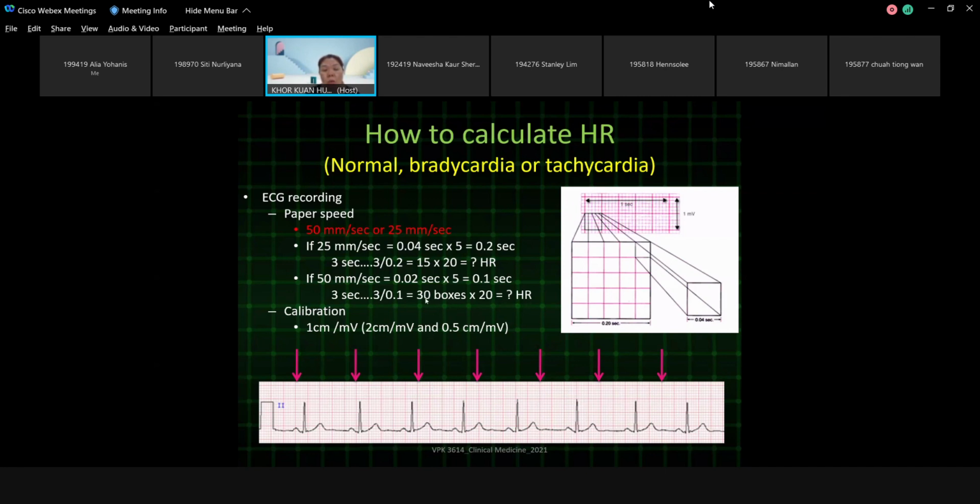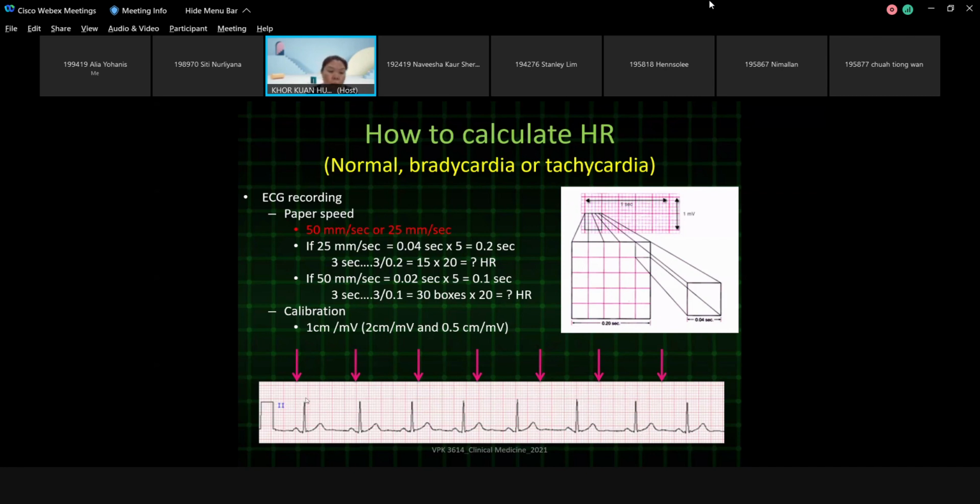Okay, so what does it mean by 30 boxes over here? So what you do is you come down over here. I've already calculated the 5 boxes for you. 30 boxes: 1, 2, 3, 4, 5, 10, 15, 20, 25, 26, 27, 28, 29, 30 boxes. So within these 30 boxes, you then see how many complexes you have.